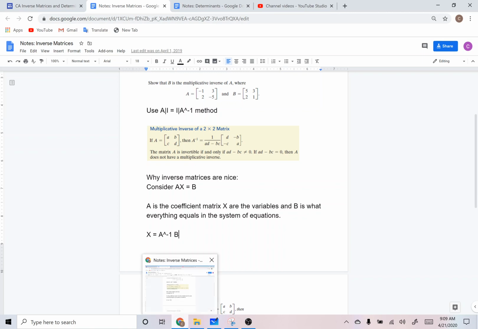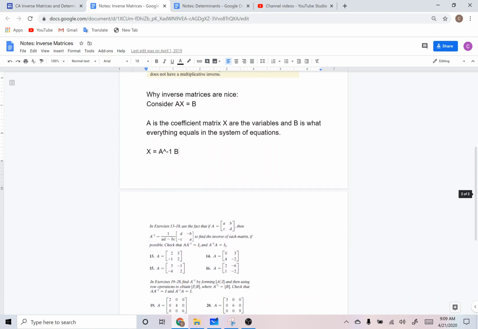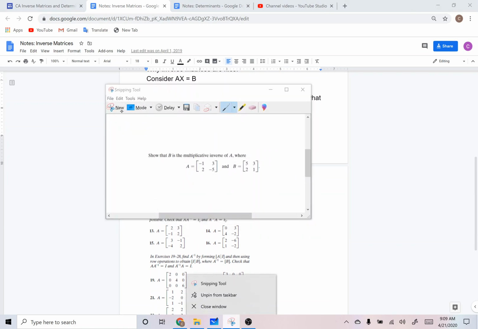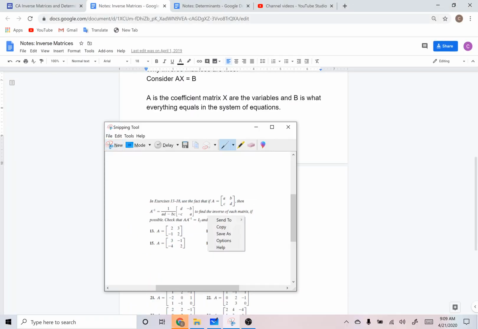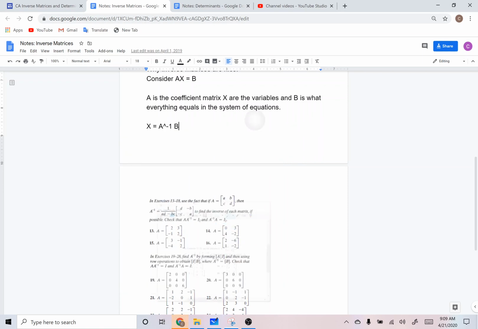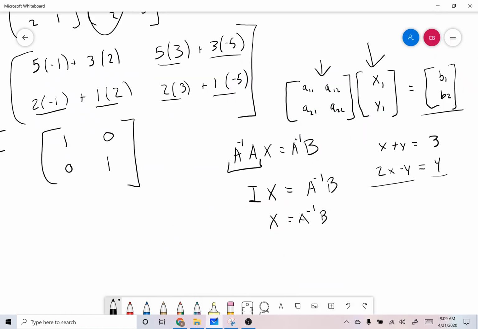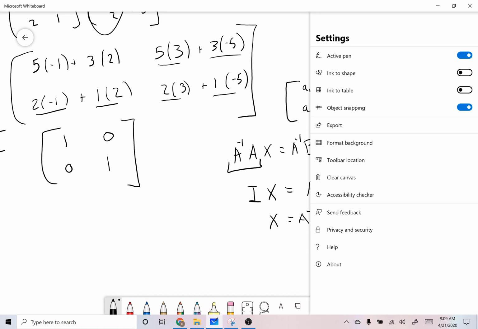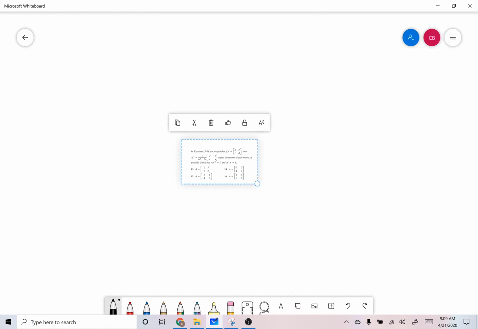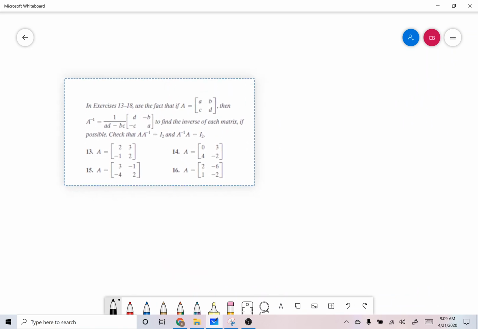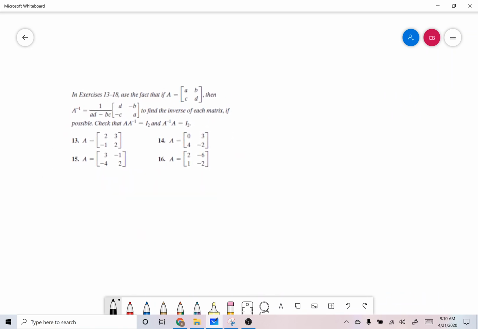And so let's go and do this for some of these problems real quick. Let's do them for these 2x2s down here. Okay, so we've got a clear canvas. Okay, so we've got our formula and we've got matrix A: 2, 3, -1, 2.